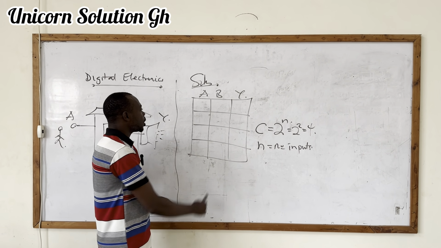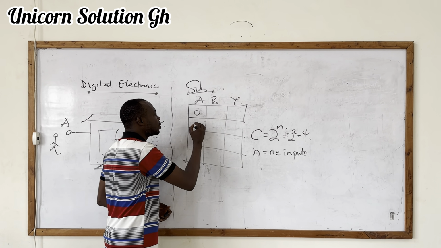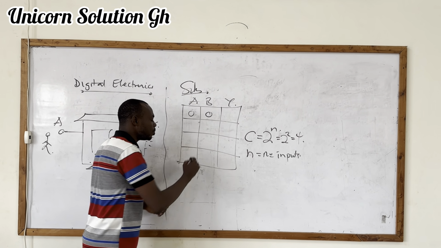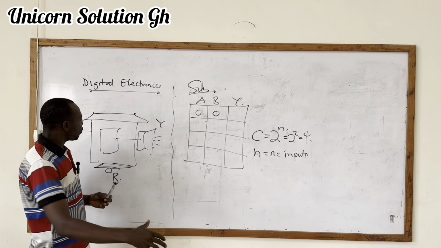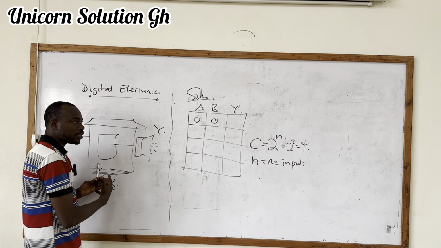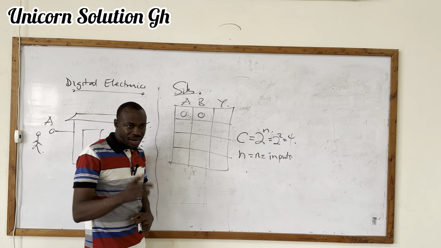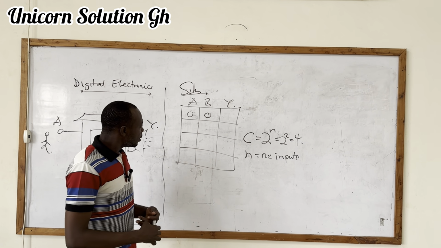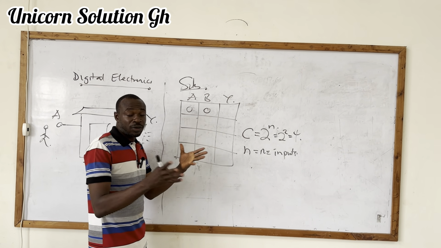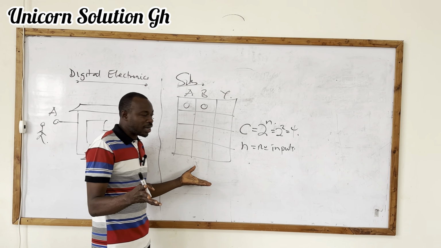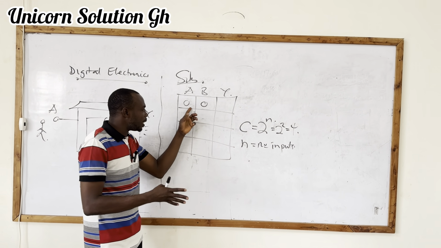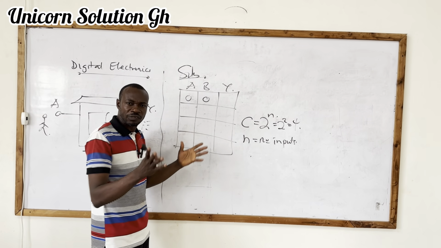Now let's see. It's possible sensor A will be off, sensor B will also be off. Now we are transferring the real world scenario into an electronic system. So what I mean is that it is possible that maybe there might not be any kind of intruder in the house. So therefore, sensor A is off, sensor B is also off.